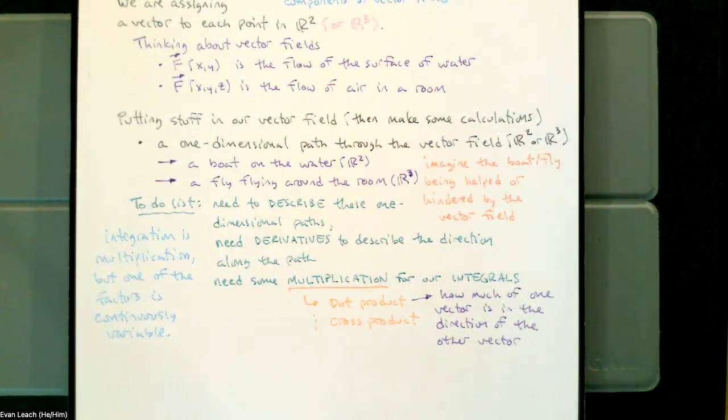And this dot product is going to be continuously variable because at every point we have a different vector. We have a different vector from the vector field. We have a different vector from the direction we're trying to go. And we are trying to multiply those two things.